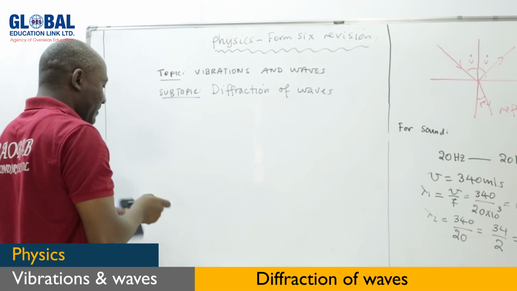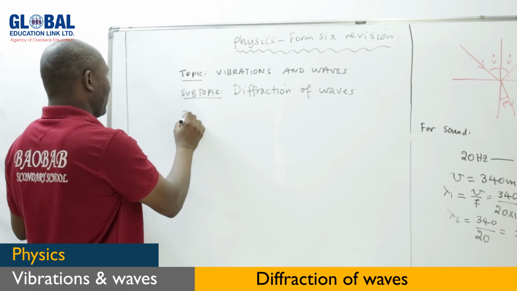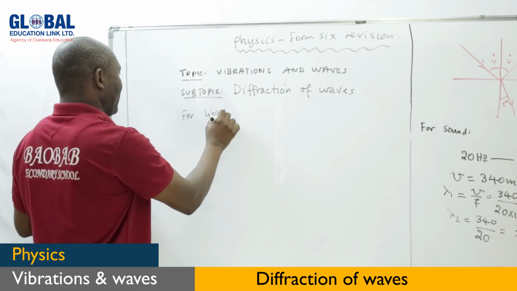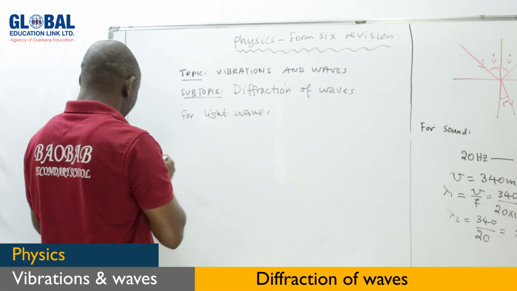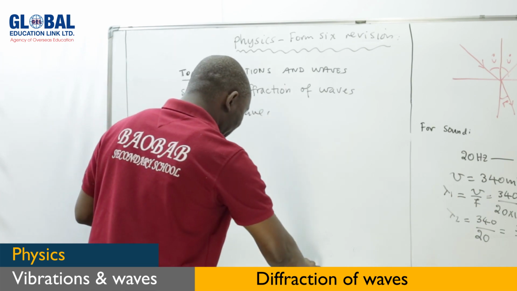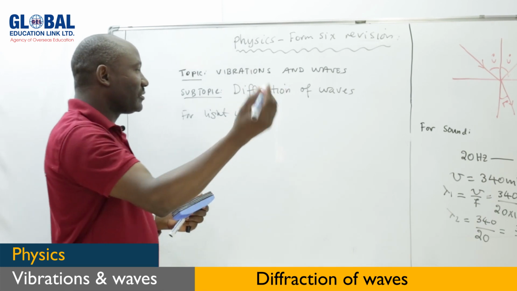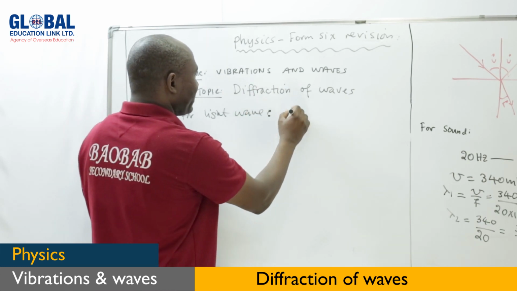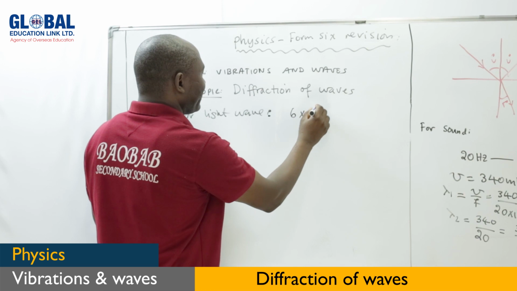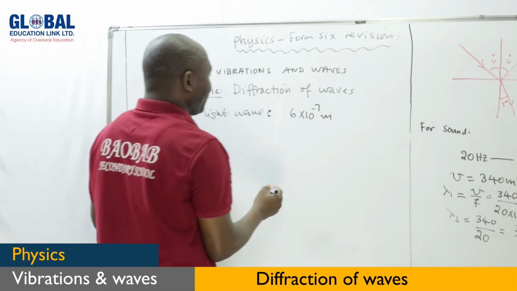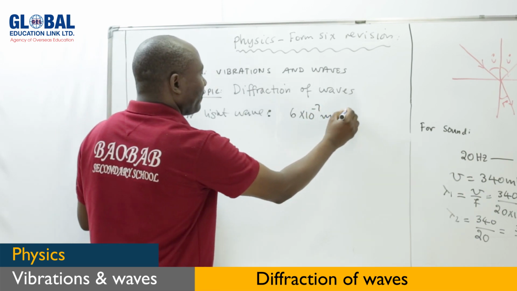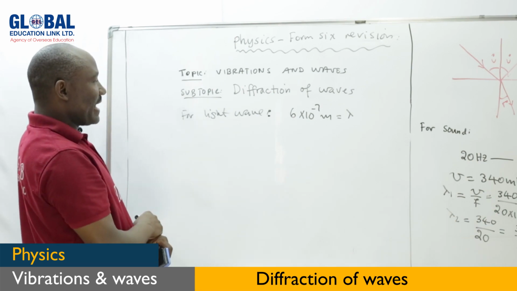For the light wave, we know the wavelength of the light waves ranges from 4 to 6. So you can take that as 6 times 10 negative 7 meter. This is the wavelength for light waves.